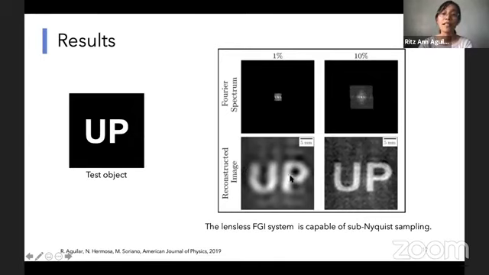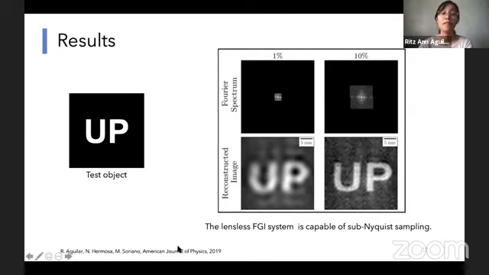At 1%, you can already see the details of UP, and even at 10% we can see a clearer image, although it's kind of noisy because of the absence of a focusing lens. To increase the signal to noise ratio, you can place a collecting lens or focusing lens in front of the single pixel detector to reduce the noise and increase the SNR of the system. Here, the lensless FGI system is capable of sub-Nyquist sampling.